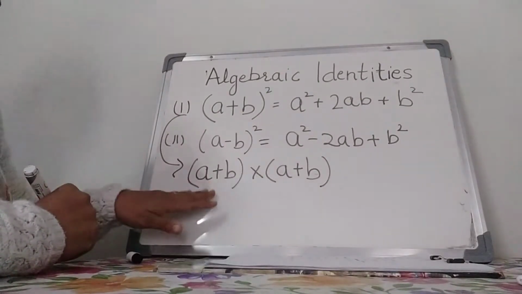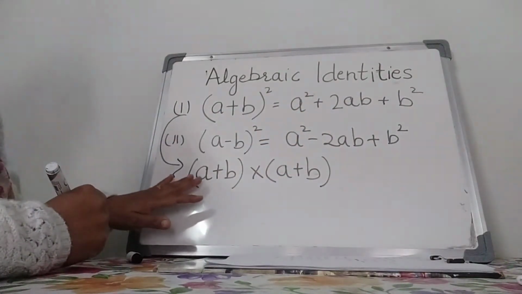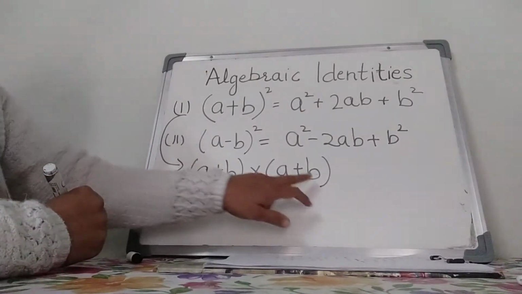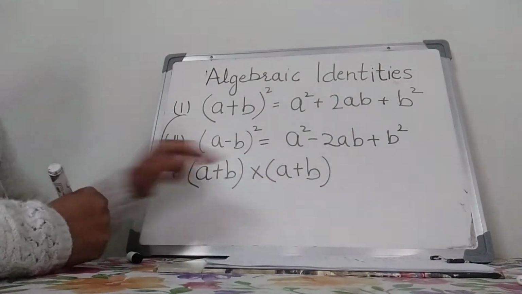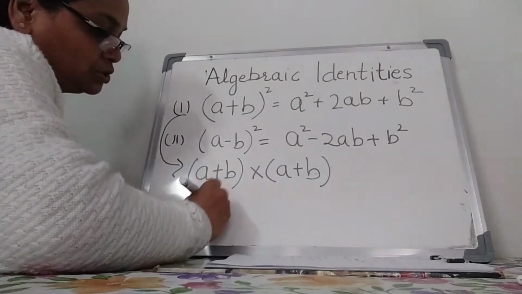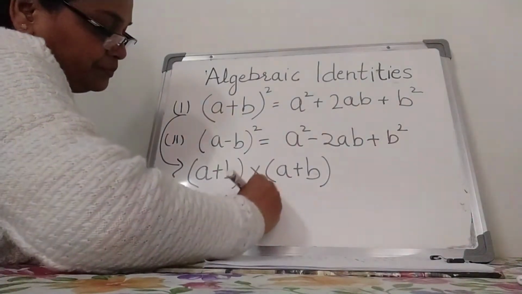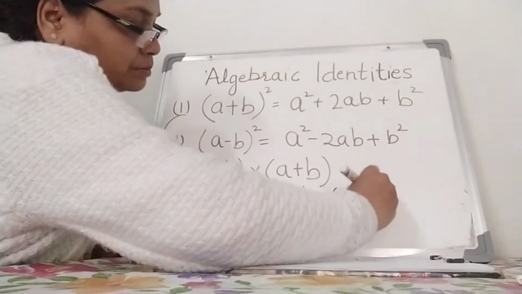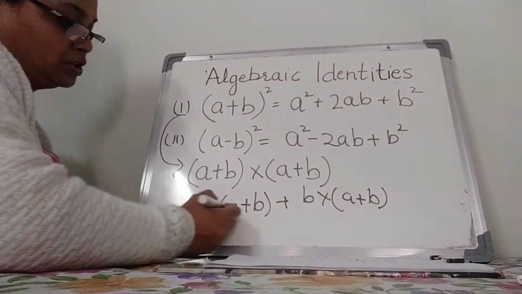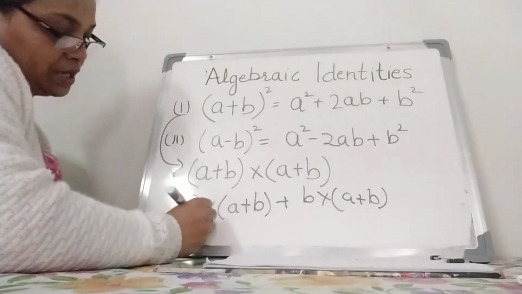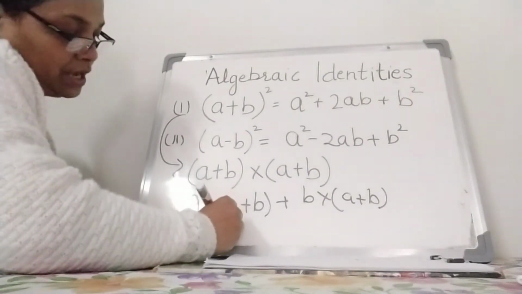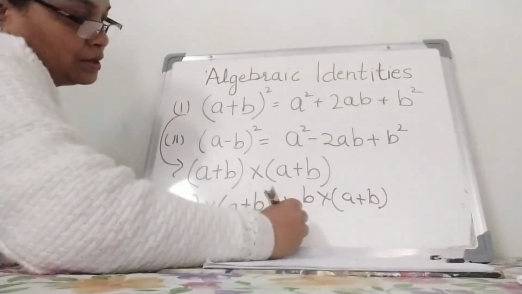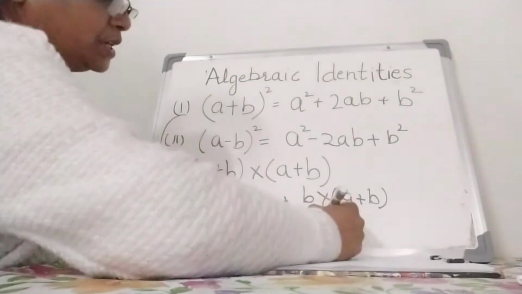These are two binomials, and to get the answer, we will multiply the first term with these two terms and then the second term with these two terms: a into (a + b) plus b into (a + b). Now we get a into a is a², plus ab, plus ba, plus b into b, b².